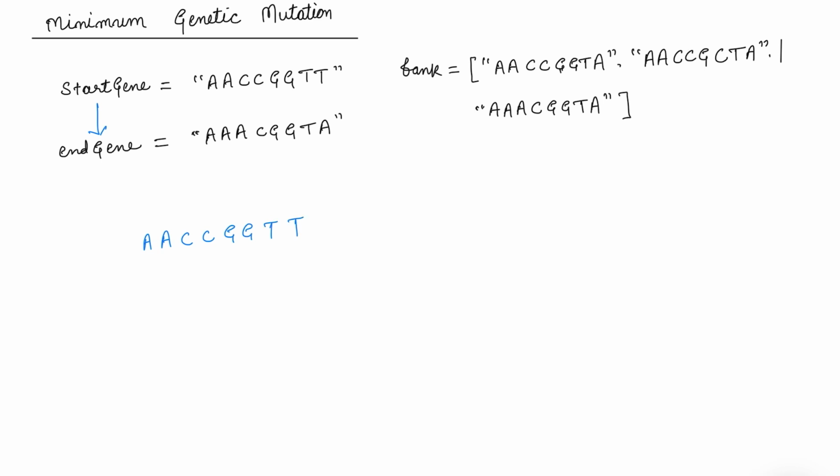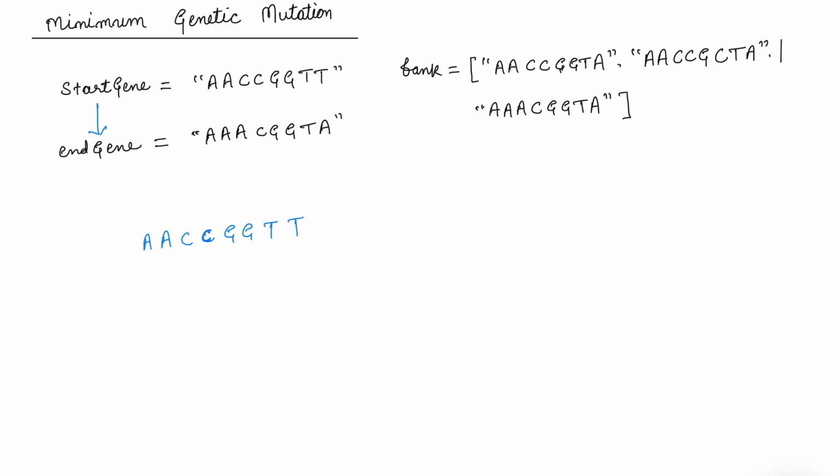For each mutation, that means after each mutation, that mutation should be available inside the bank. Only then can we proceed further, or mutate it for the next step of mutation. So that means we will have to check each mutation. If it is available inside the bank, then only we will proceed.